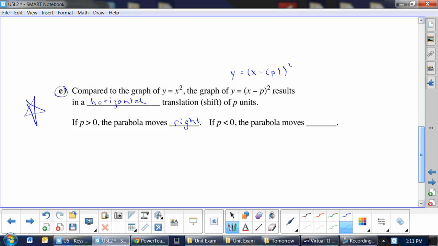And if p is negative, the parabola moves to the left. Okay? No, because you get different shapes of graphs and stuff, but right now we're dealing with parabolas.